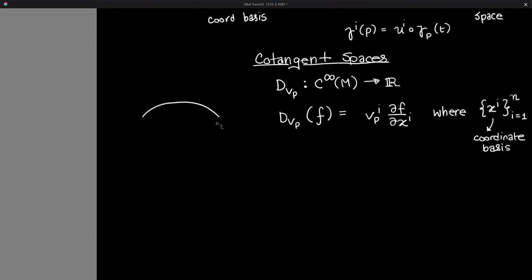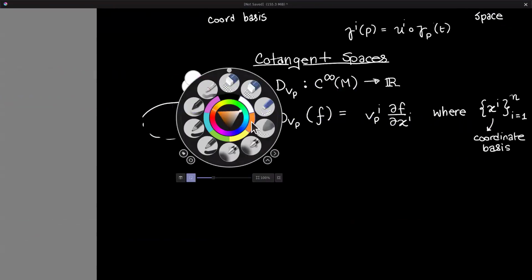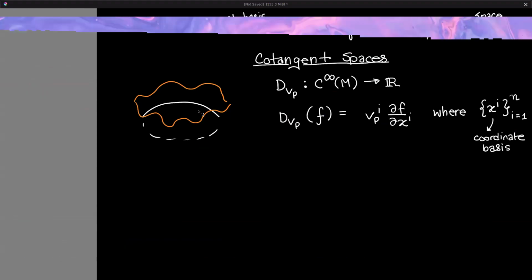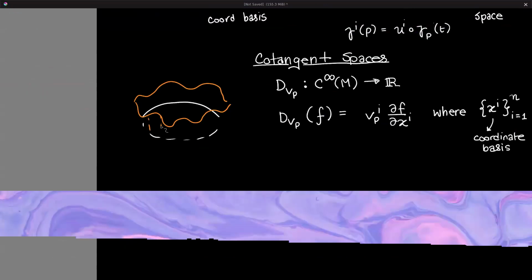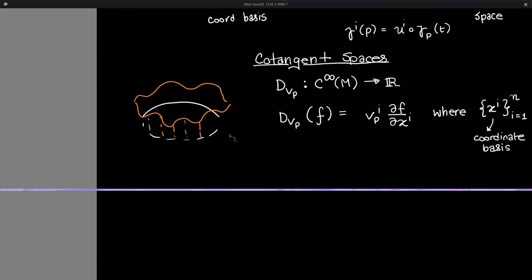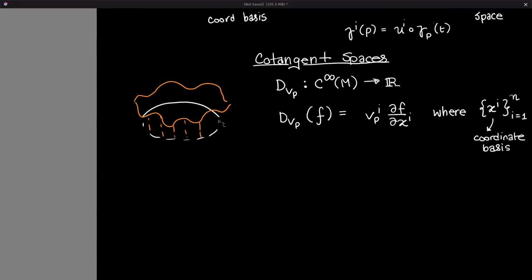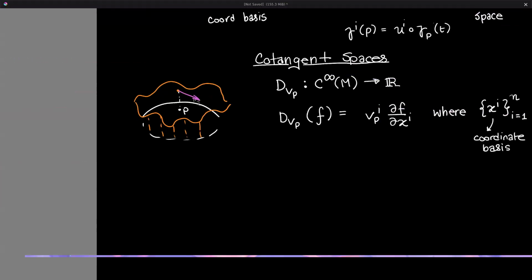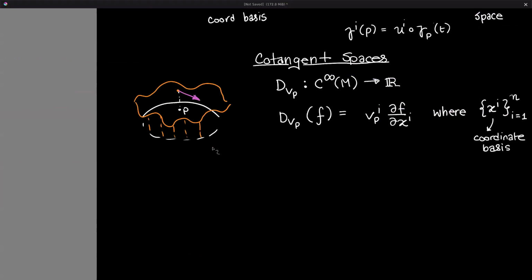Let me visualize this. Let's say we have this function that is varying on top of the manifold. So you can think of it like this curvy space that's on top of the manifold, with the value of the function being the height above the manifold. And we have this specific point P on the manifold. If we trace that up to the point on the function, then it will tell you, let's say that's the direction of VP on the manifold.